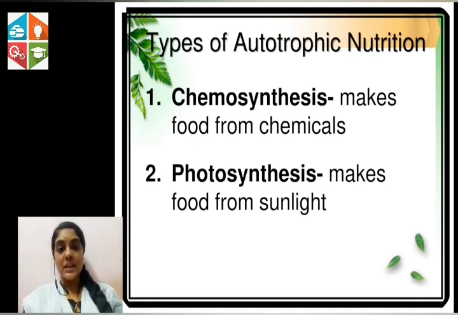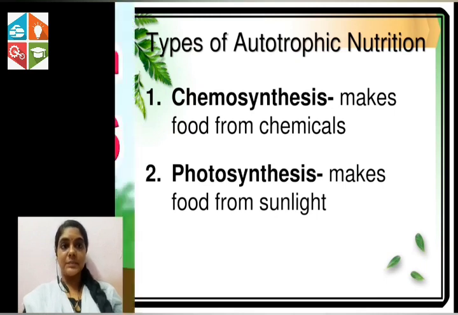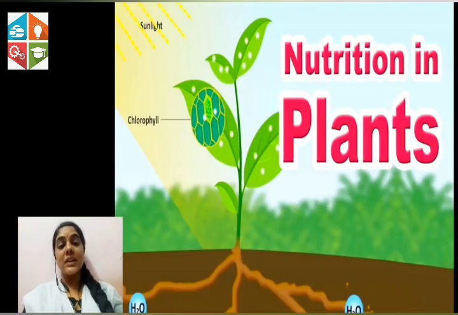Then it is called chemosynthesis. The next one is photosynthesis. Photo means light, synthesis means to make. So when the food is made with the help of sunlight, then it is called photosynthesis. So nutrition in plants is via a process called photosynthesis.